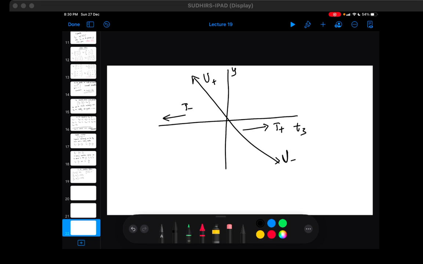V plus also raises Y by 1 unit, but it also increases T3 by half unit. So it's not exactly diagonal, in the sense that delta Y and delta T3 will not be the same: delta T3 is equal to half, and delta Y is equal to 1. So this will be V minus.